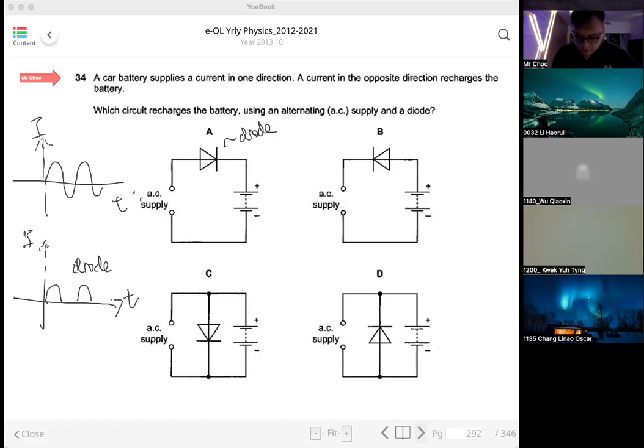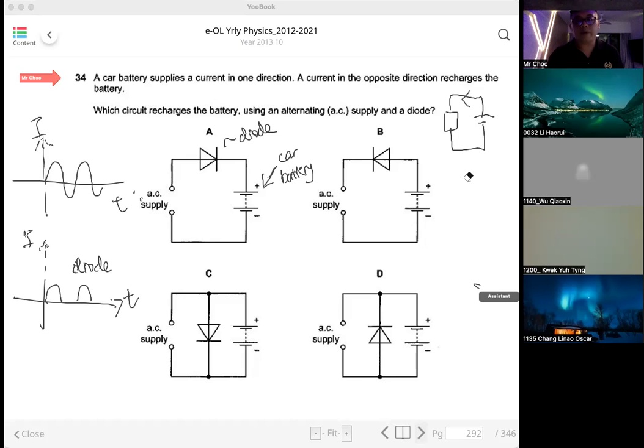Okay, let me share with you another thing. This thing here is the car battery. When you have a car battery like this, your current moves this way, correct?